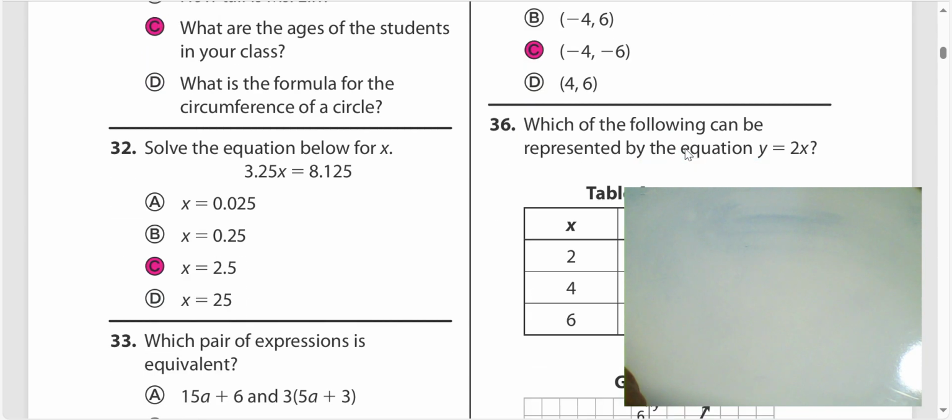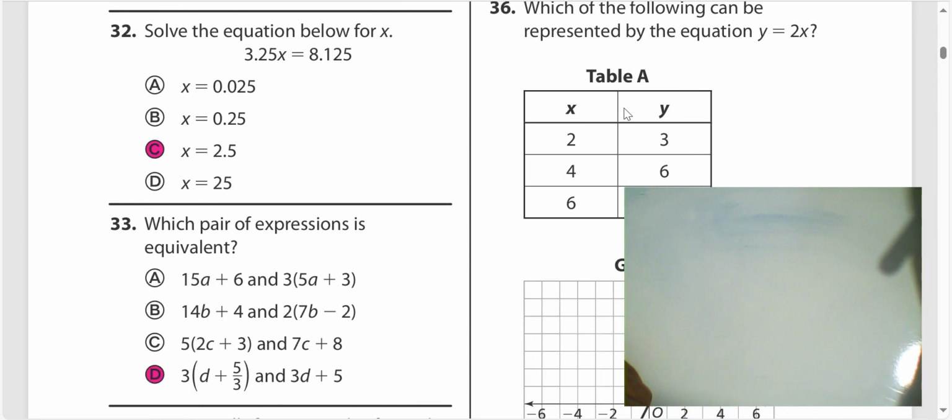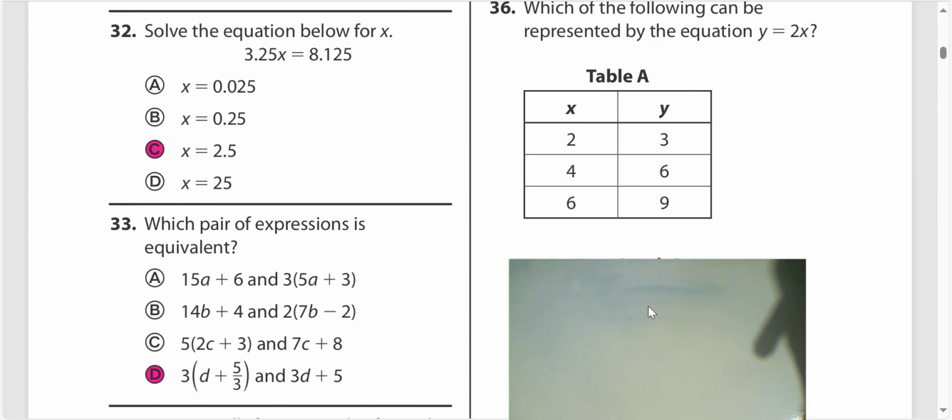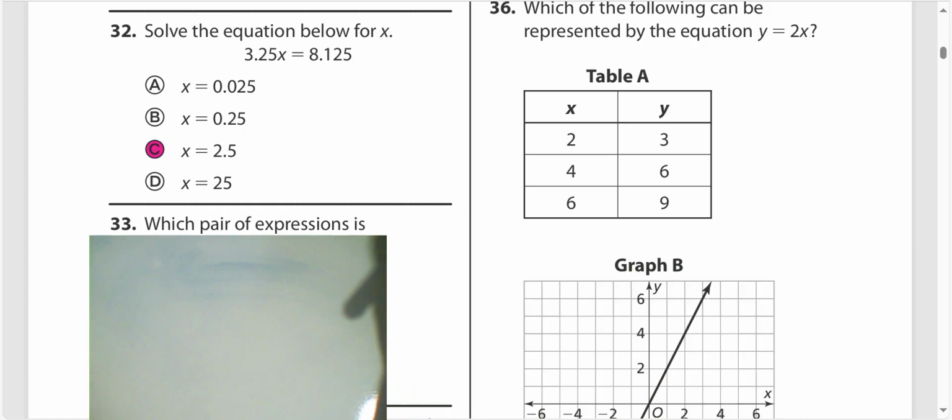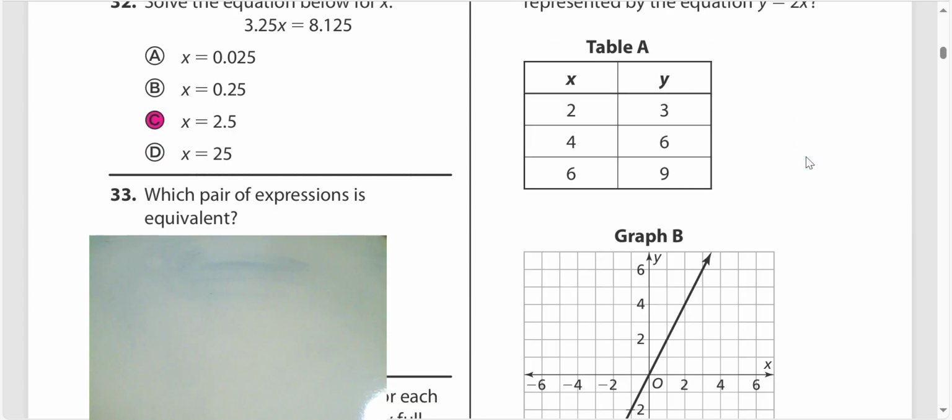Next question, 36. Choose the option that can represent the equation y equals x. Choose here 4 and 6. No. He asked about y equals twice x. No, choose this.